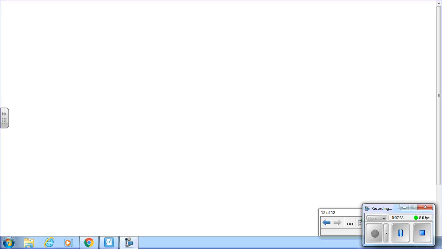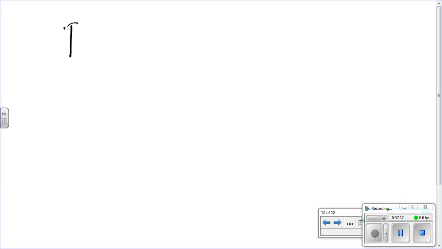So here's what we're looking at. We need revenue minus expenses. That will equal profit. Right? What's our revenue formula?